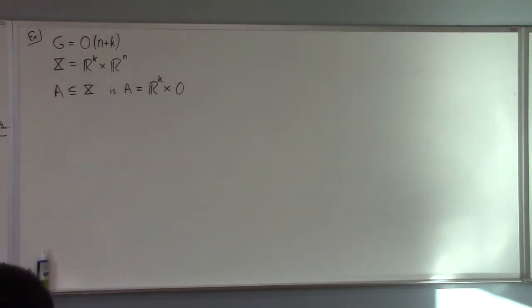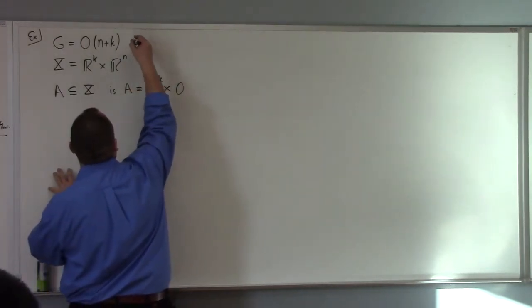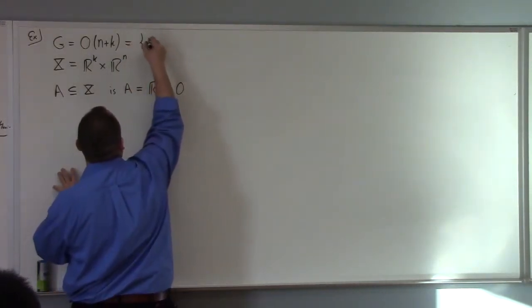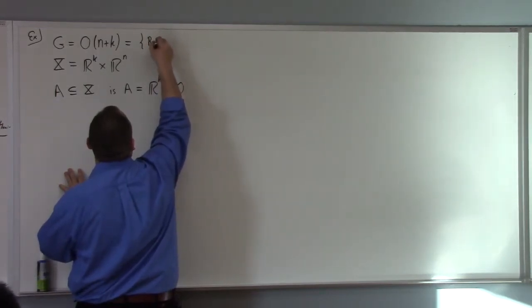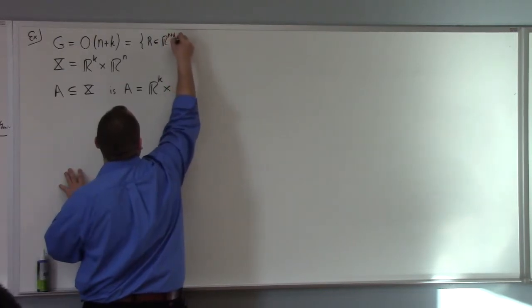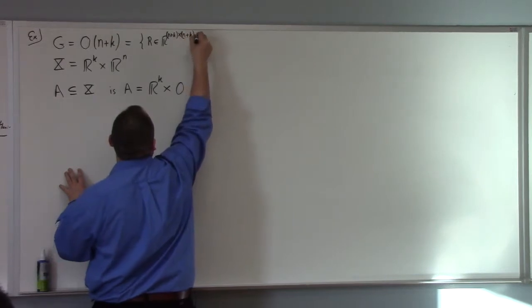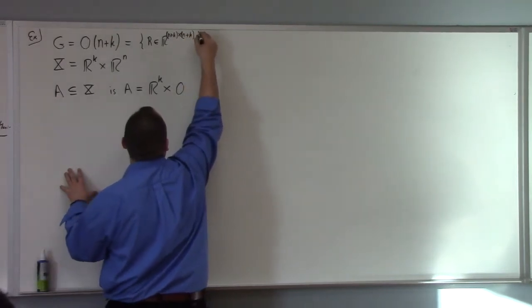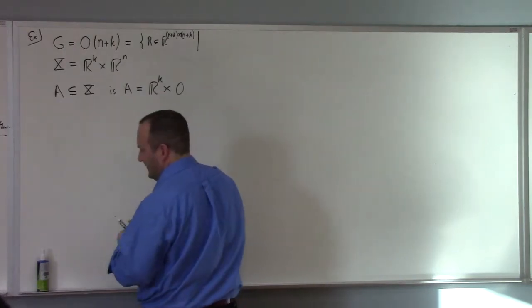First of all, do you guys remember what orthogonal matrices are? You know what I'm talking about? Nope, okay. So remember, this is equal to, let's say, R in Rn by n plus k by n plus k. So n plus k by n plus k by n plus k matrices such that, oh, excuse me, that's the wrong way.